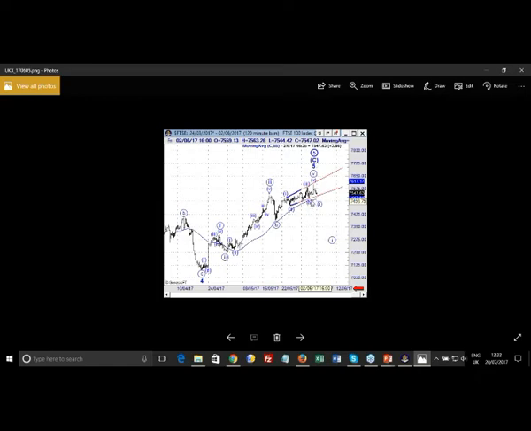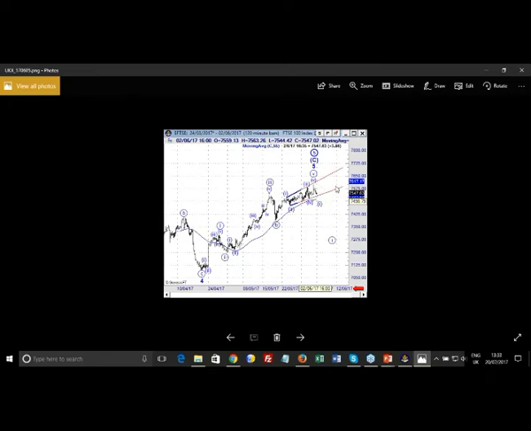So it's not an impulse wave inside wave 5 circle. What it is here is called an expanding diagonal. Basically, we've got 3 types of pattern moving with the trend. The first one is the impulse wave, the second one is the ending diagonal, and the third one is the expanding diagonal, which we have here.